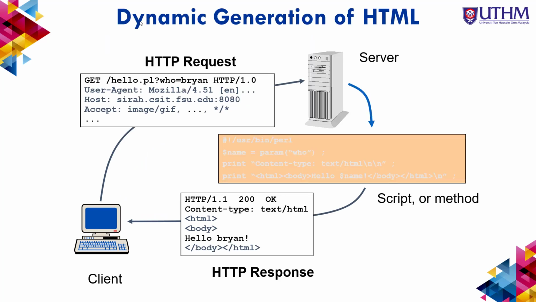For dynamic HTML, we have the request as usual. The client requests to the server by typing the URL, and then maybe you key in your username and password, for example. The server is going to process it, and the type of processing they use, for example, is PHP scripting to process your username and password, which are stored in the MySQL database.